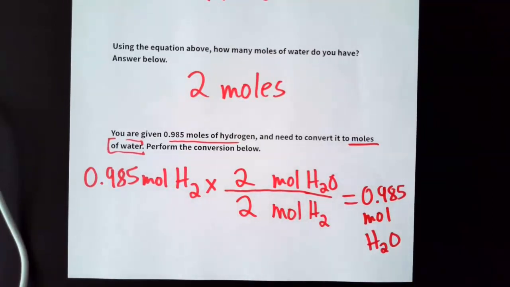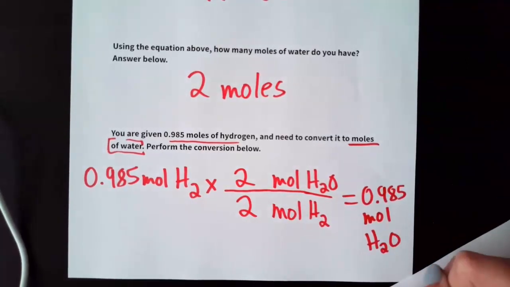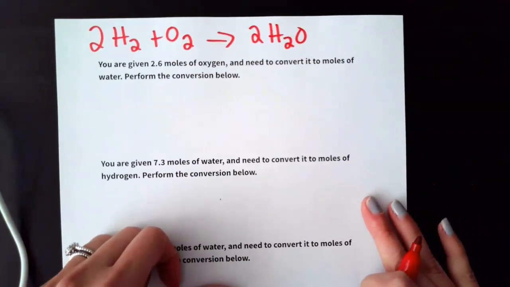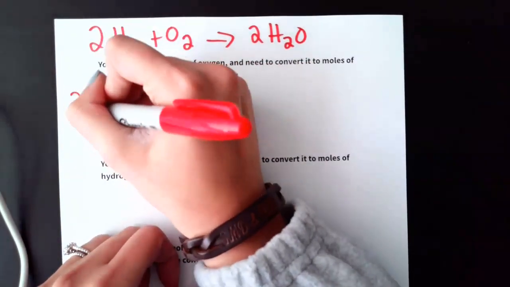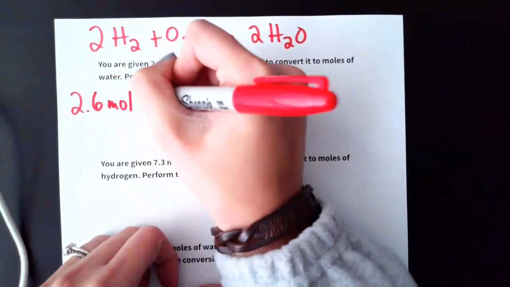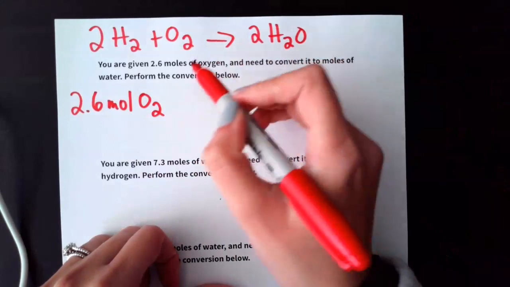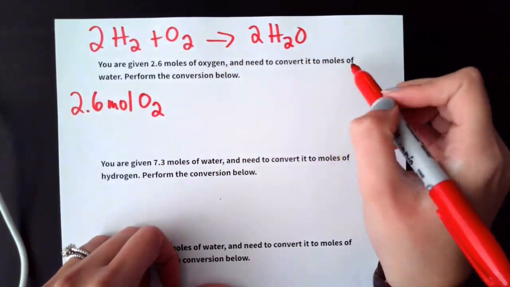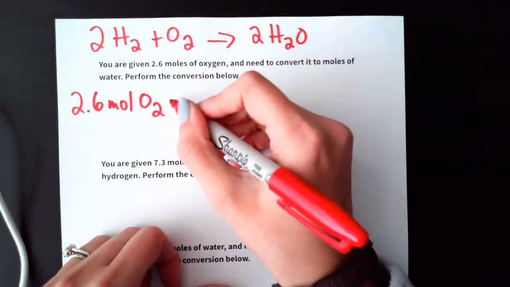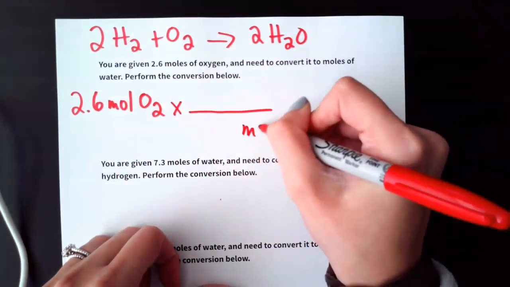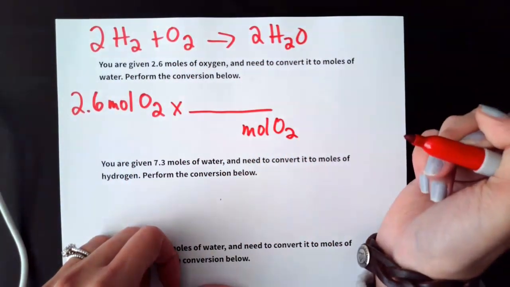Okay, now let's keep going. We're still using this same equation. Okay, so now you're given 2.6 moles of oxygen, so 2.6 moles of O2. That's what we're given. That's why I'm writing it down like this. And we need to convert it to moles of water. So mole of O2 would go on the bottom in order to cancel out.